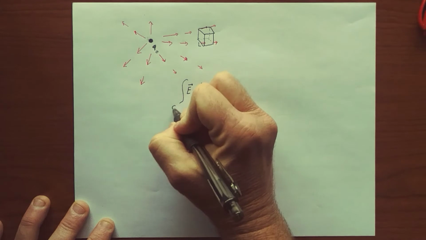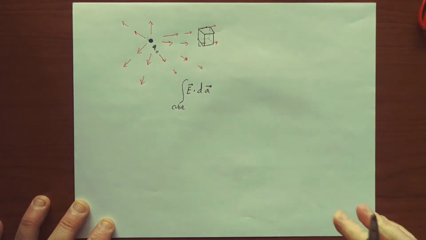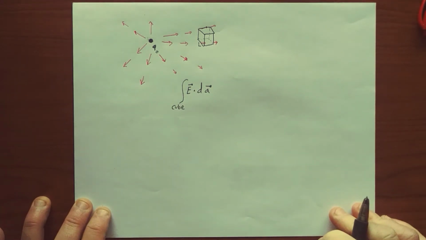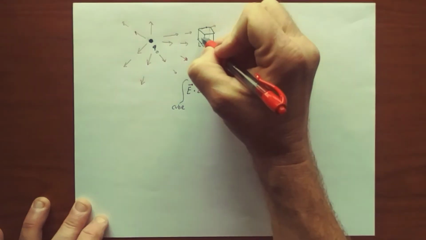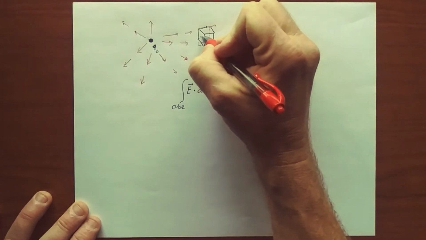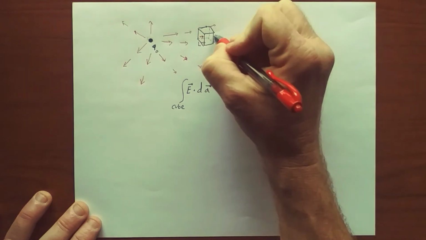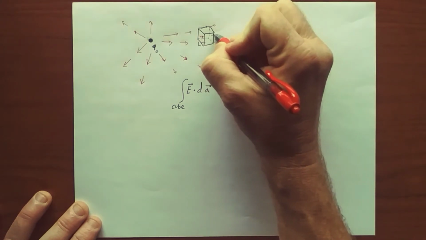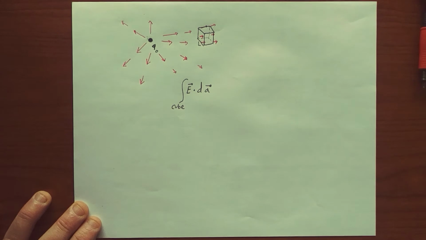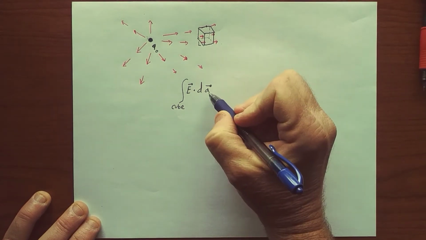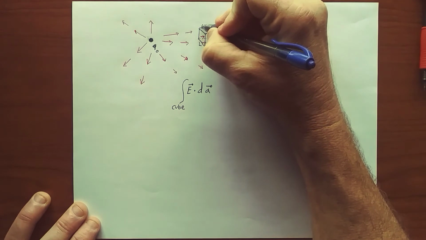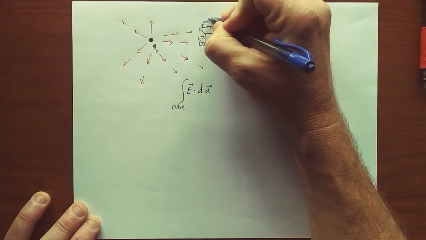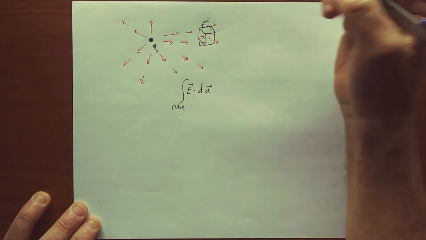So this looks like a pretty complicated calculation, right? I have field lines here that are entering the cube, and over on this side they're exiting the cube. If I draw my dAs, these are the dAs that are normal to the surface. Here my dA is pointing that way, normal to the surface.